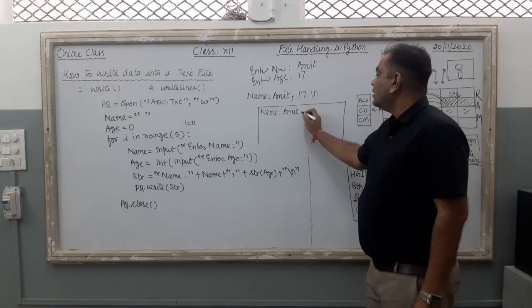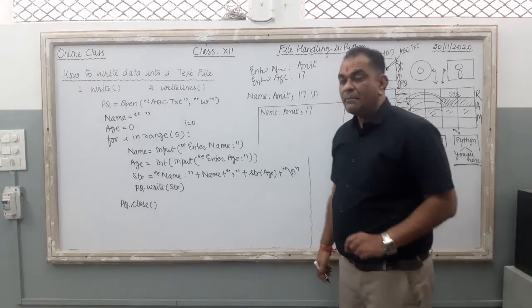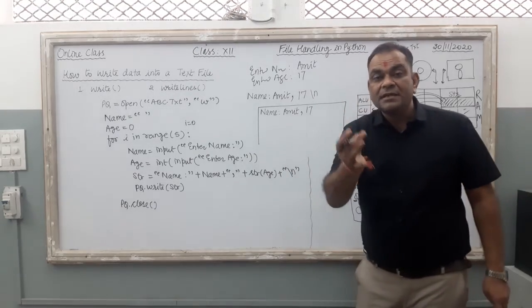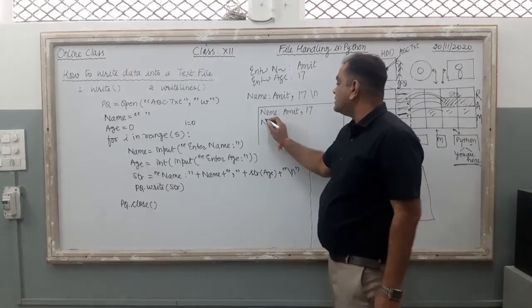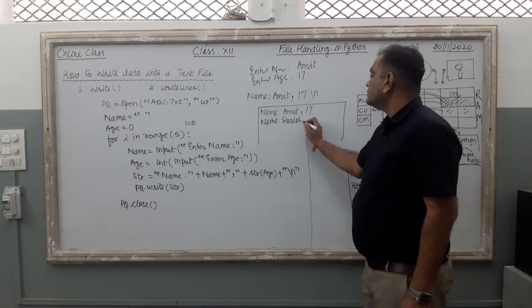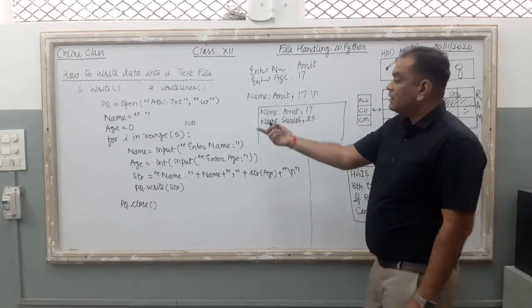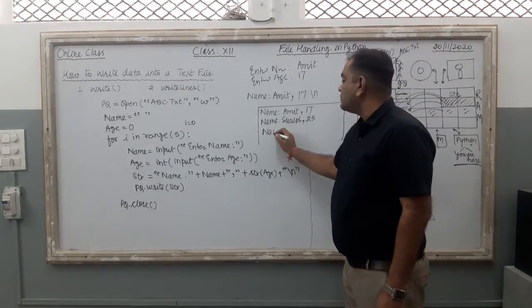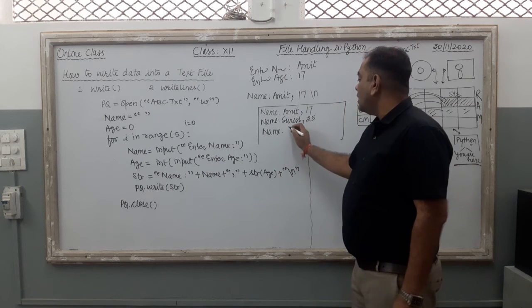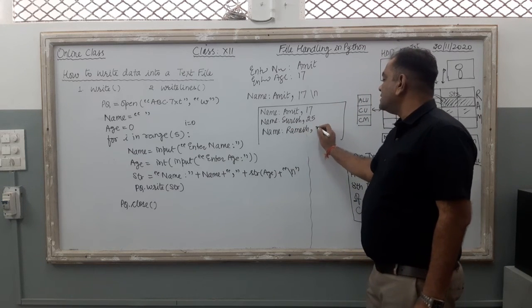Name Amit, comma 17. When this for loop executes at the very second time, then again मैंने नाम डाला सुरेश, age डाली 25. तो अभी क्या होगा? In the second line, name Suresh, 25. Clear? Then third time when this loop will execute, इस बार मैंने name डाल दिया है रमेश, and the age is 37.